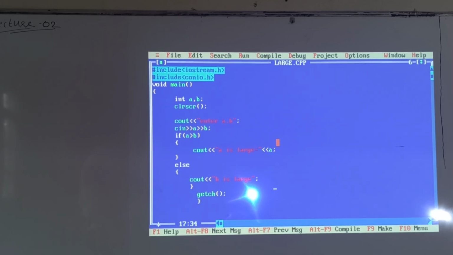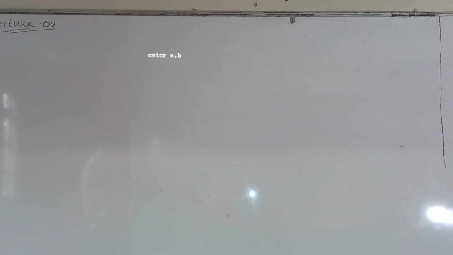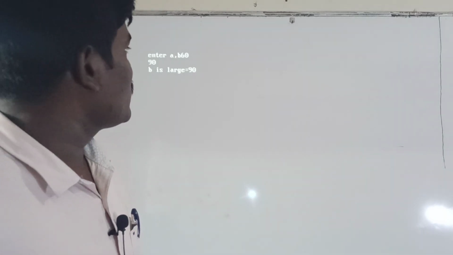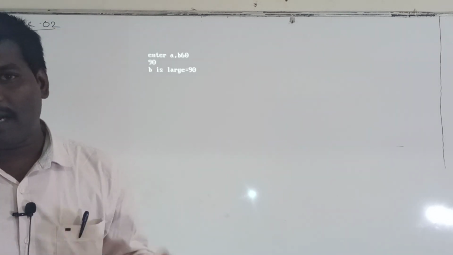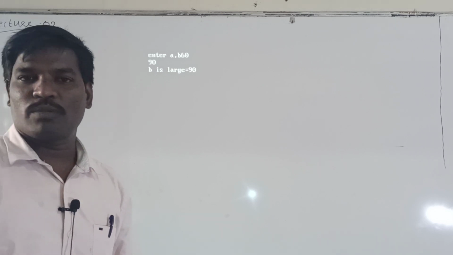In the same way here also, whatever text you write within the double quotes will be displayed as it is, and without double quotes the value will be displayed. See here, 60, 90, b is large is equal to 90.